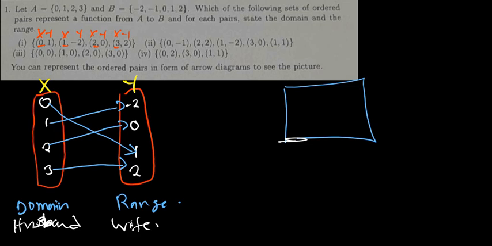A lady can only have 1 husband. That is a range. I'm saying that the domain is the husband, the range is the wife. A man can have 3 or 2 wives, it's normal. A lady can only have 1 husband.